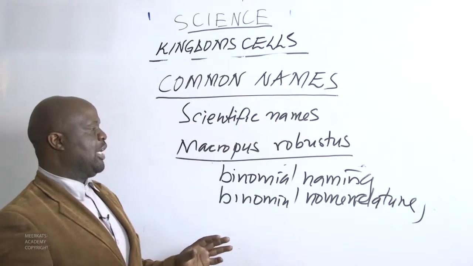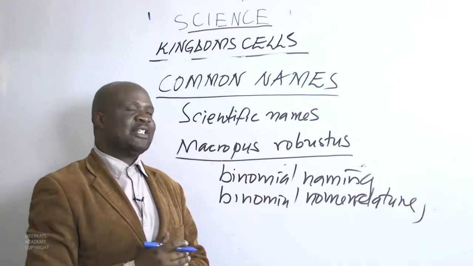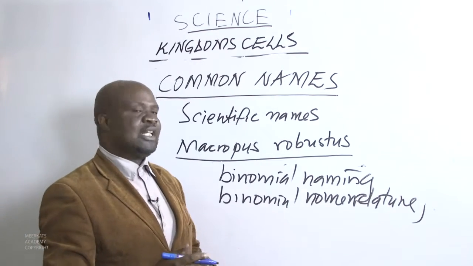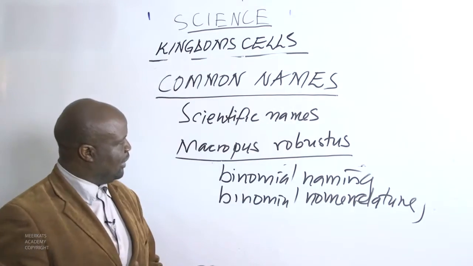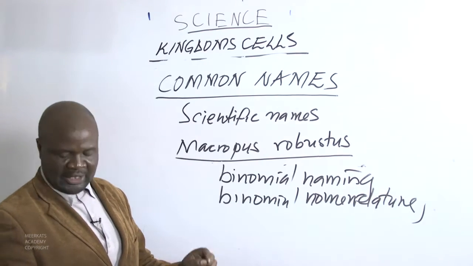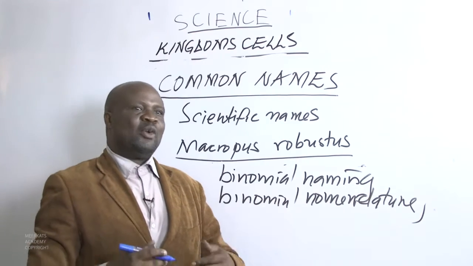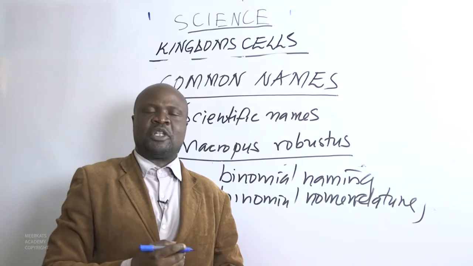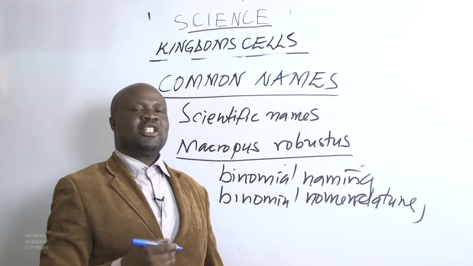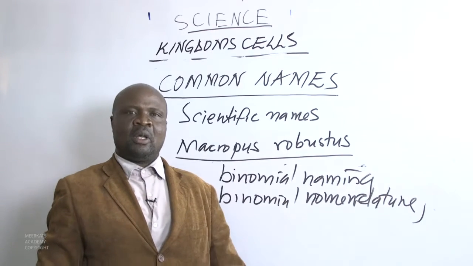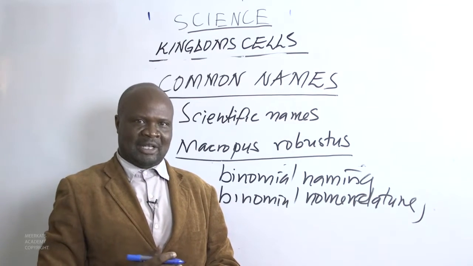Binomial nomenclature is a system of identifying an organism using 2 names, considering the genus of that particular animal and the species. They discovered that when people speak, the words of a spoken language tend to change after some time.